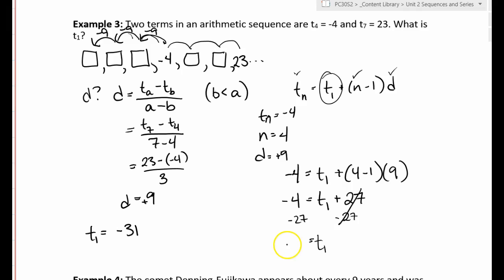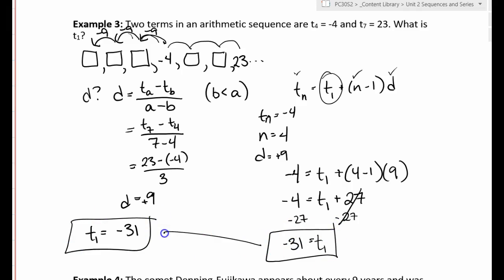And we end up at negative 31. So either way, I do get the same answer no matter which strategy. Okay. So if we don't like equations, you can think about it in terms of the logistics of what exactly is an arithmetic sequence. How is it all constructed?